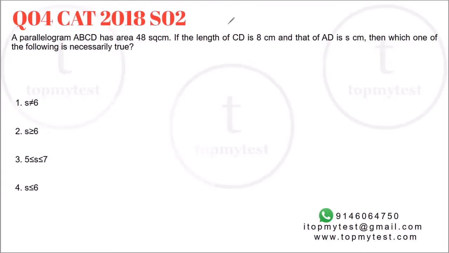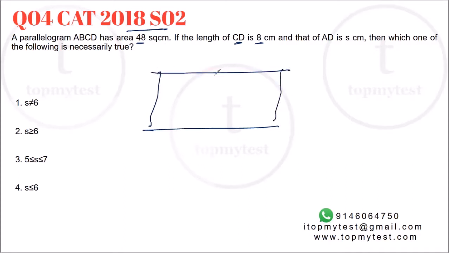And the last one is from CAT 2018 slot 2. It says a parallelogram ABCD has area 48. Length CD is 8, AD is S. Which of the following is necessarily true? So we need to find the range of S. Now, one we know is base into height, but height is not known.